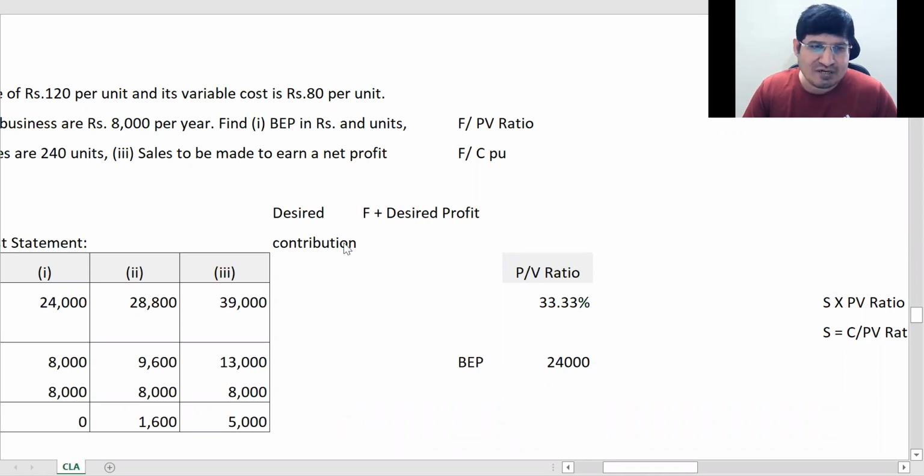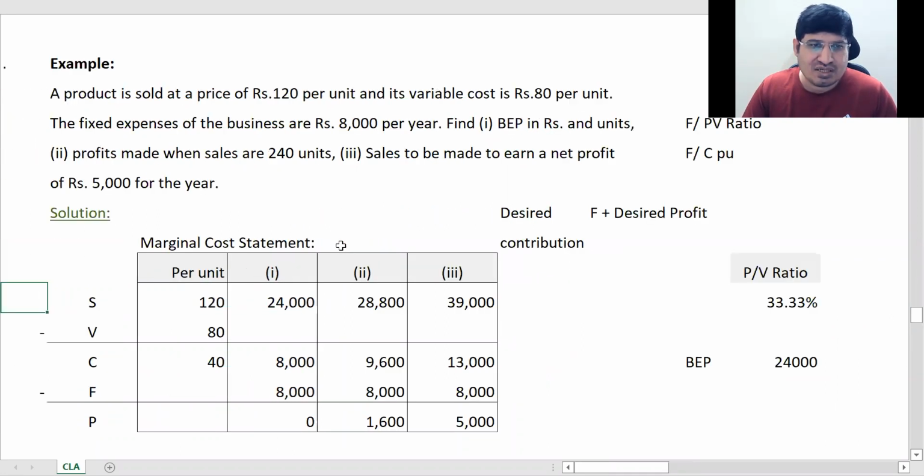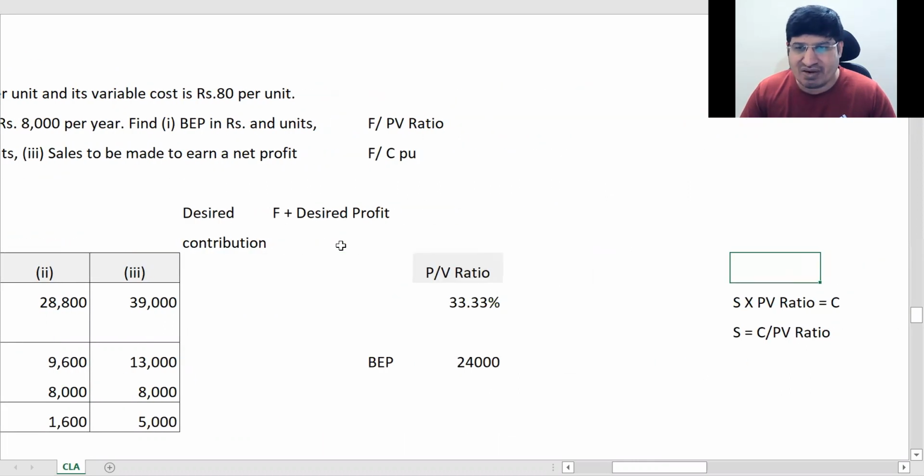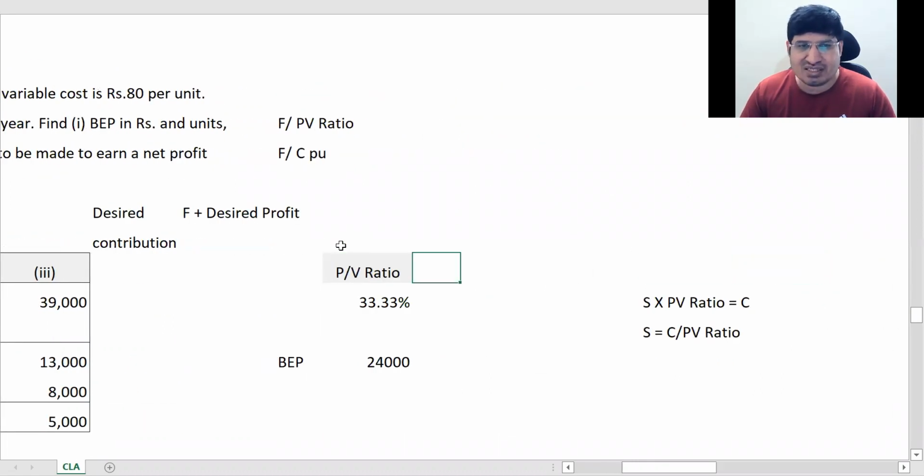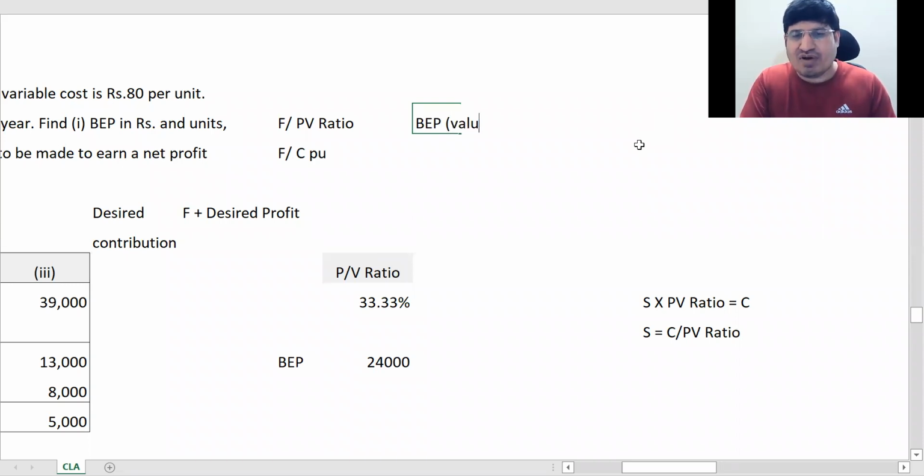In case 1, okay, here no. So see, you have got two formulae for break even point. One is break even point in amount or value, this formula here.